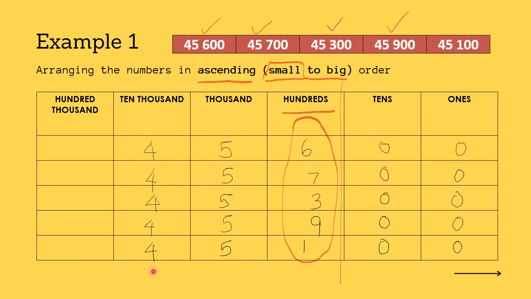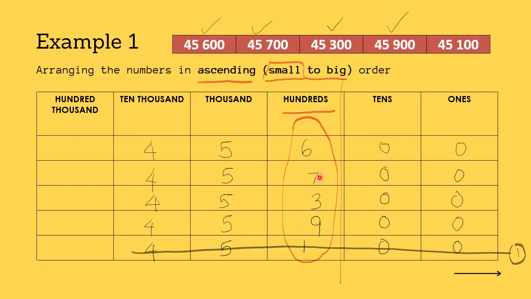So we know that this number is the smallest. So we're just gonna scratch that off from the list. It is the first number that we're gonna write for the answer later on. Next, comparing the next smaller number.